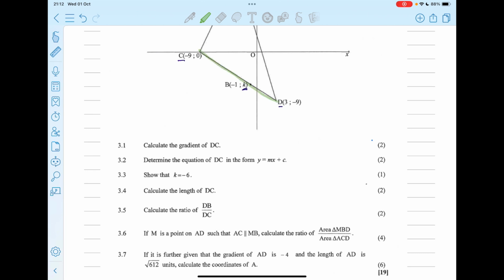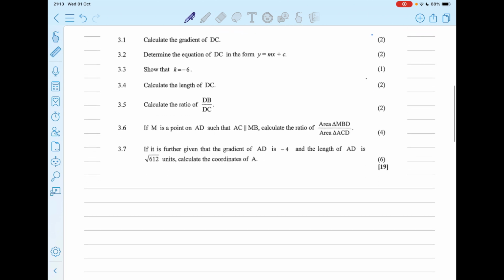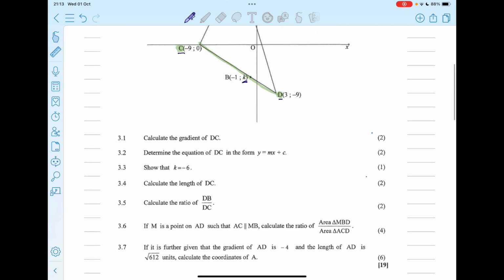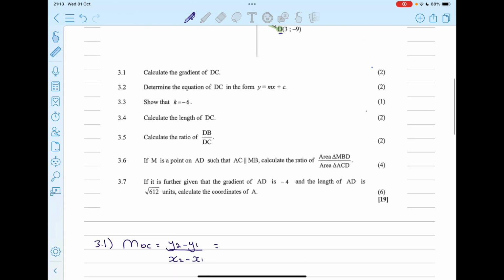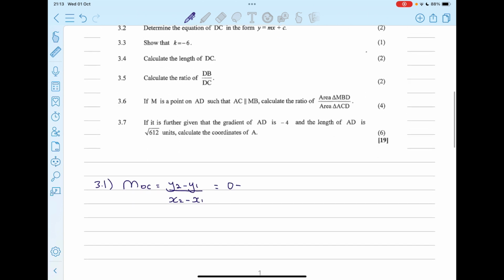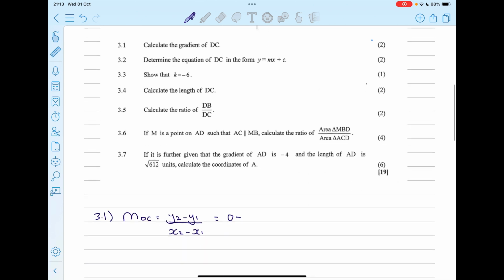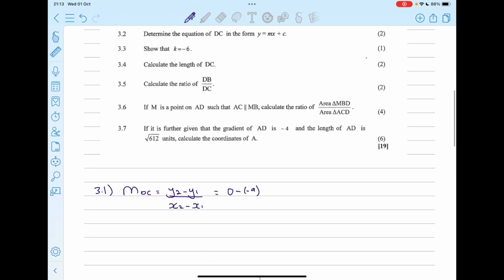So this is line DC, and we see that we've got points C and D. So we can use these to calculate our gradient. 3.1. So gradient of DC is equal to y2 minus y1 over x2 minus x1. So we can make point C the second point, so that would be the y value, which is 0, minus the y value of D, which is -9.